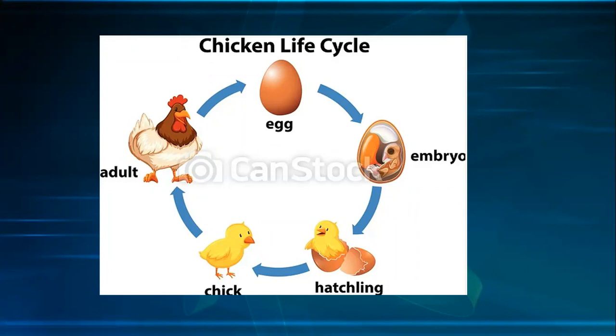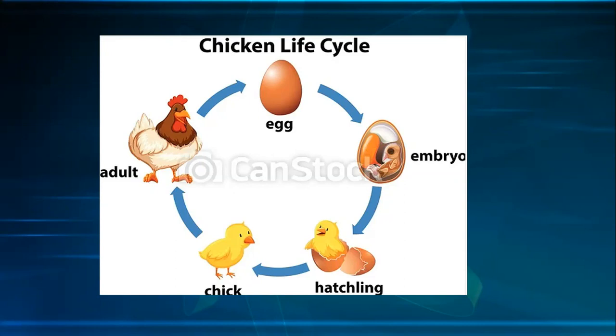From there, it hatched. So it's the hatchling, trying to come out. Then the next thing we had was the chick coming out. Before we know, he's been feeding and eating, doing everything. It turned to an adult. That's a chicken life cycle.